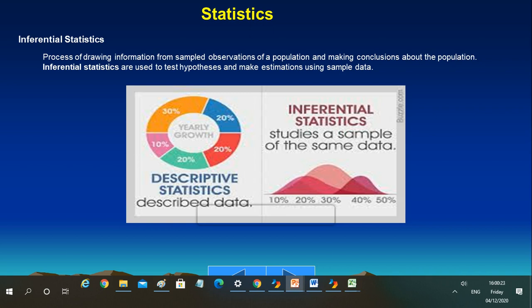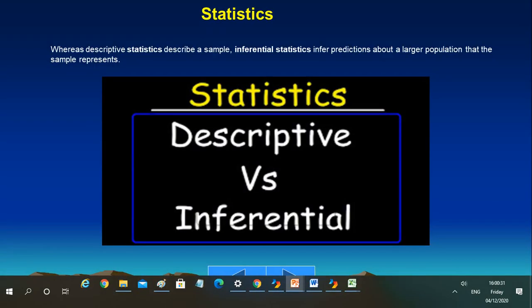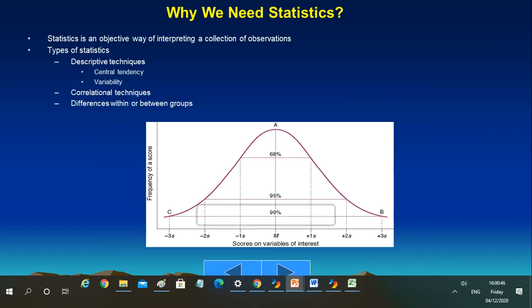So inferential statistics is used to test hypotheses and make estimations using sample data. Whereas descriptive statistics describes a sample, inferential statistics infers predictions about a larger population that this sample represents. So that is the basic difference between descriptive and inferential statistics.